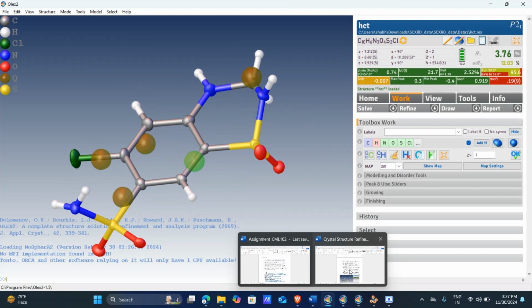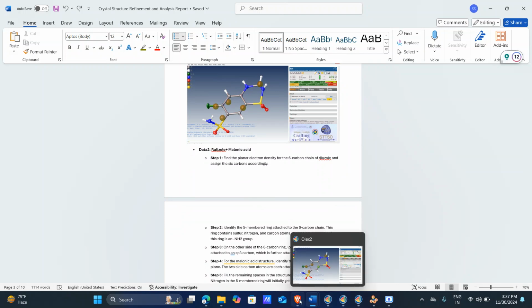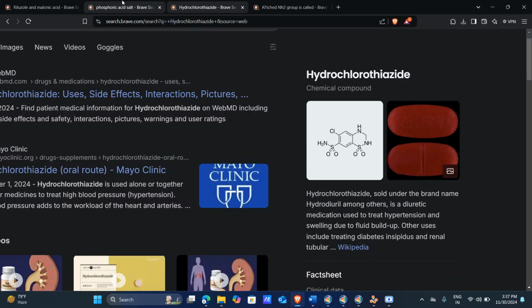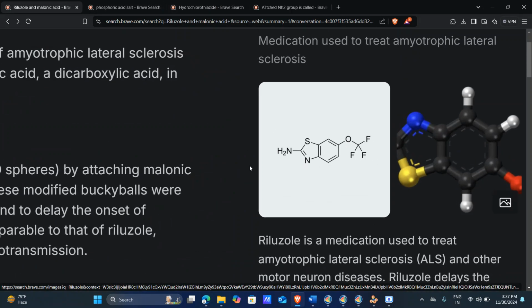Now we are moving to the second structure, which is riluzole and malonic acid. First, we will identify the riluzole. So this is the structure of riluzole. In this also we will identify a center 6 carbon ring attached to a five-membered ring, in which one atom is nitrogen and one is sulfur.